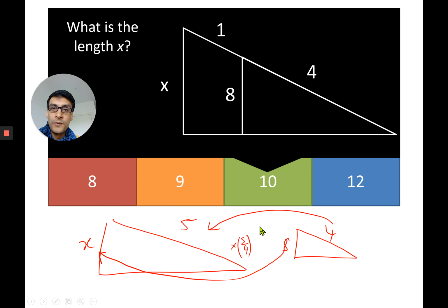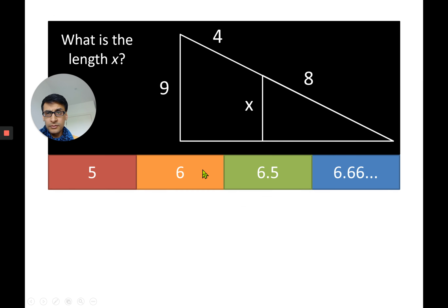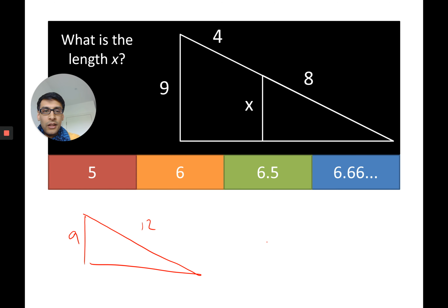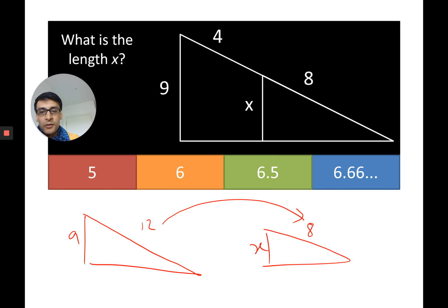Okay, second of 3 examples. What is the length of X? This time we're going backwards a bit. So I can see the big triangle is going to be 12 and 9. And the small triangle is going to be 8 and X. So this time the scale factor, to go from 12 to 8, you divide by 12, multiply by 8.